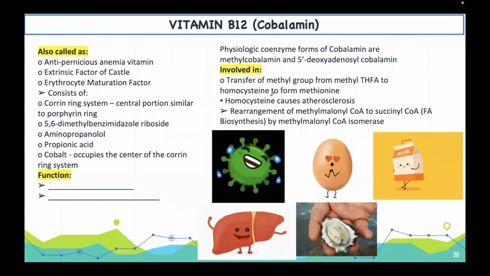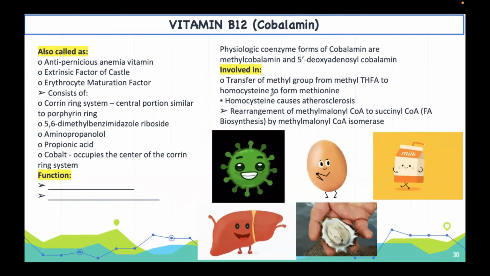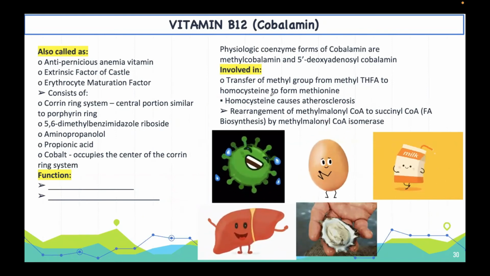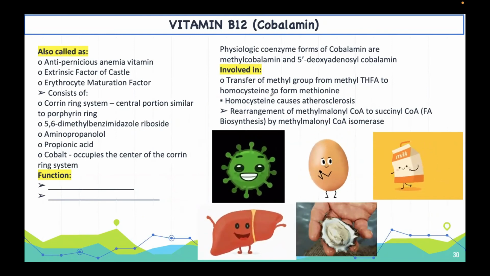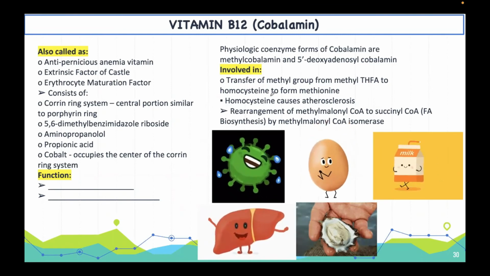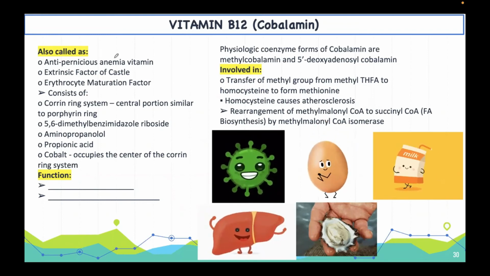Next vitamin is what we call your vitamin B12 or your cobalamin. We're done with your vitamin B1, B2, B3, B5, B6, B7, and B9. So, nandito na tayo sa vitamin B12. Long way to go. Your vitamin B12 is also called as your anti-pernicious anemia vitamin.